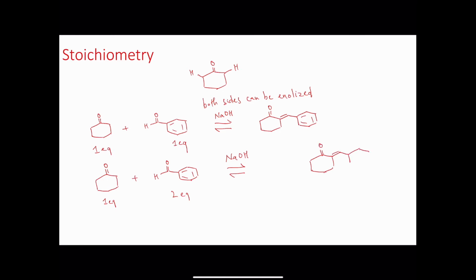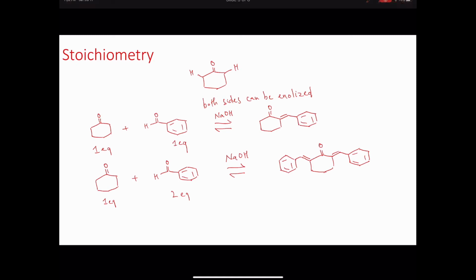The reaction happens on the right side, but the reaction also happens on the left side. So when we use two equivalents of benzaldehyde, the reaction happens at both sides of cyclohexanone. All right. So different stoichiometry gives rise to different products.